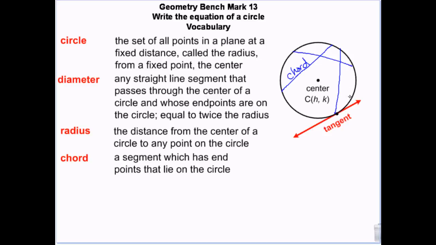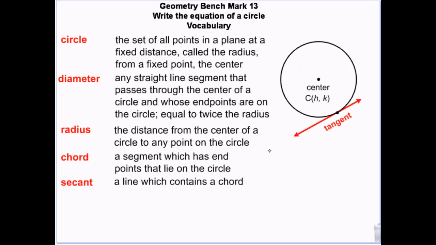These are all chords, and they won't necessarily be equal. It can equal anything really. Chords are just any line that is inside the circle that touches two points on the circle.